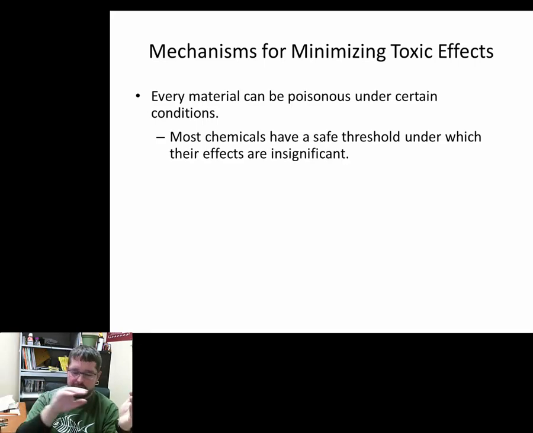So maybe it's a new plastic coating, a new polymer that we've developed, and we're looking at the toxic effects. Well, what happens if you scrape a little of that off and you mix it with this other polymer? Right? We often don't do those kind of experiments. We don't do the additive experiments, which can be really concerning, because that's what's going to happen in real life. You're not just going to be exposed to one chemical, one toxin. You're going to be exposed to many toxins at the same time often, and through many different sources of material.